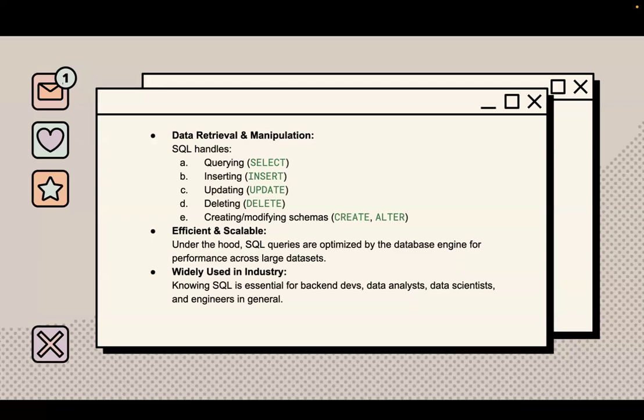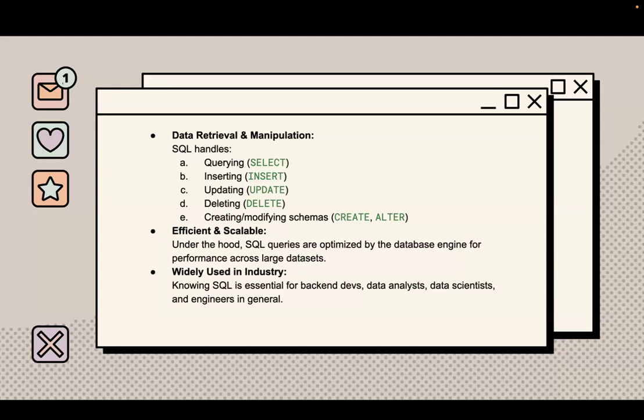So C is create, R is read, U is update, and D is delete. So these are the four core fundamental operations that we use to operate on data. And also we can create and modify our schemas using the create or alter keyword. This helps us maintain the data integrity of our system.